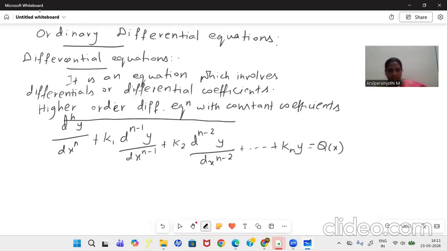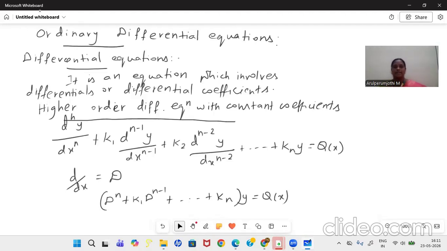So in general, for an easier version, you can rewrite d by dx as capital D. Then this equation becomes D^n plus k1 into D^(n-1) and so on plus kn, into y, taking y as a common term, equals q of x.